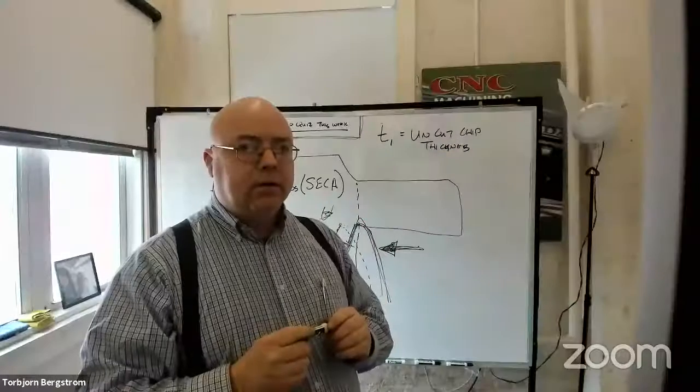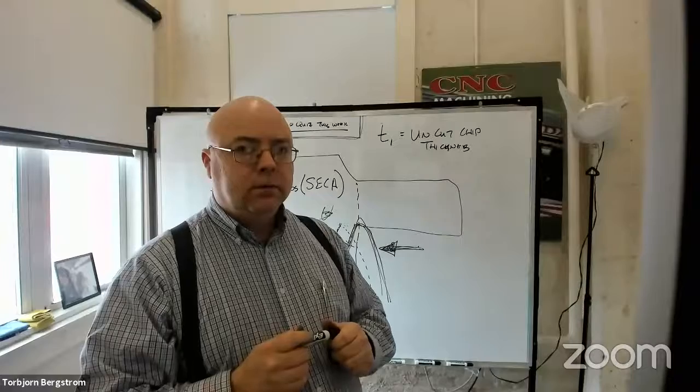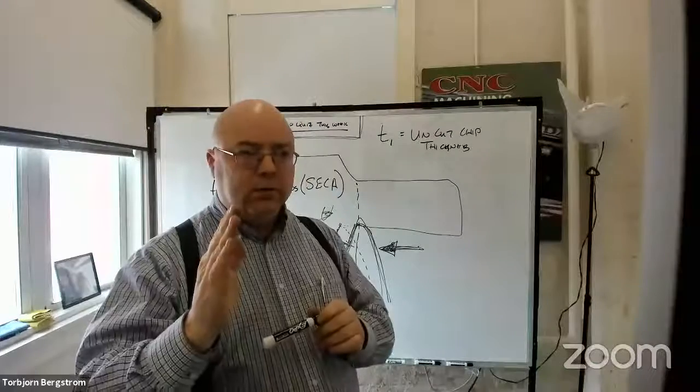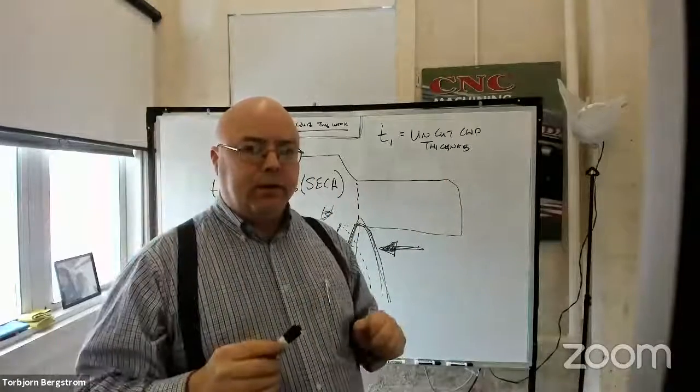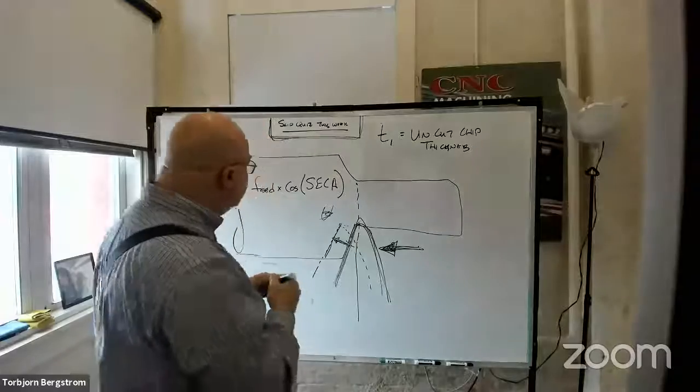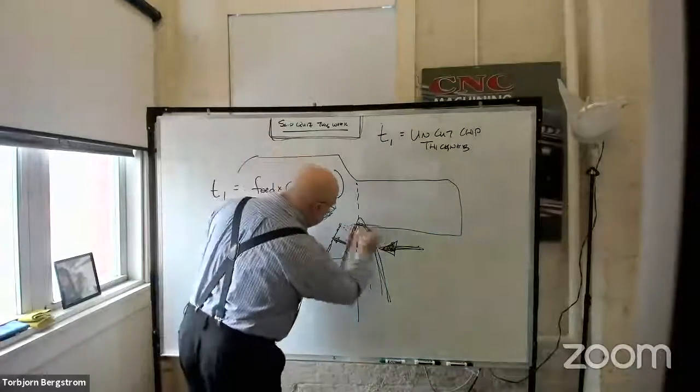If the side edge cutting angle is 0, what's the cosine of 0? 1. So when the side edge cutting angle is 0, T1 equals the feed rate. It does not equal the depth of cut.